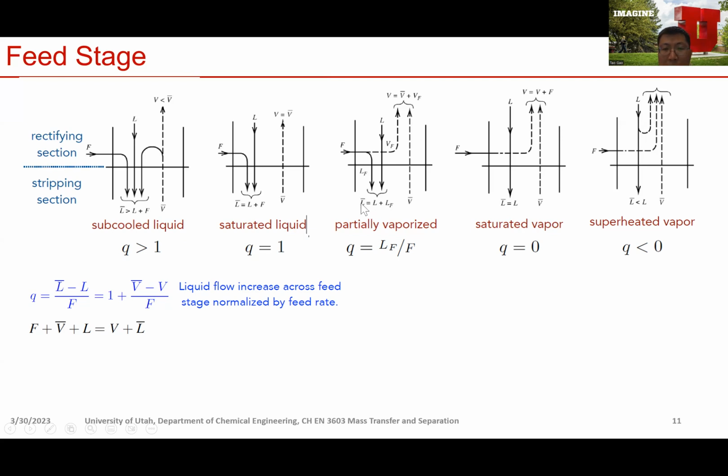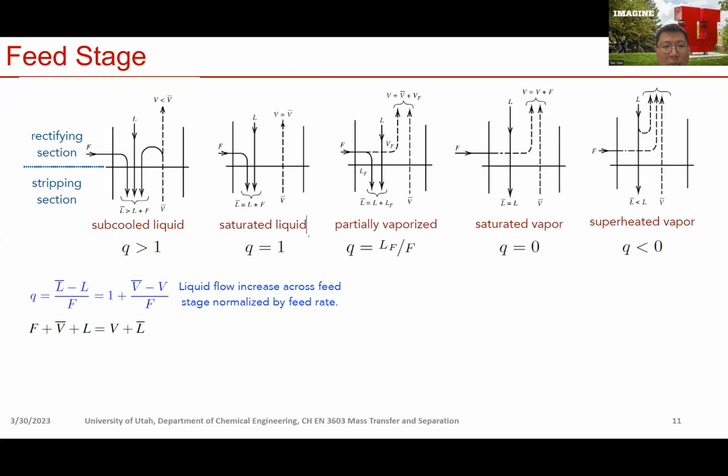In this case, L bar minus L equals LF. LF is the liquid flow rate in the feed, right? So you have Q equals LF over F. In this case, you have L bar minus L equals 0, so Q equals 0. In this case, you have Q smaller than 0. Okay, so that's the definition of Q, right?